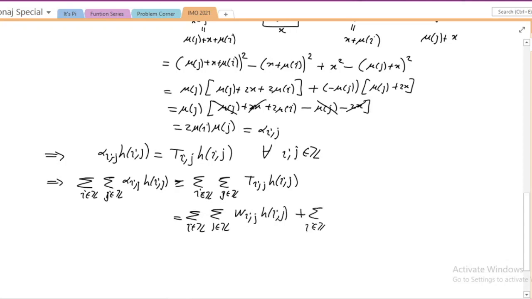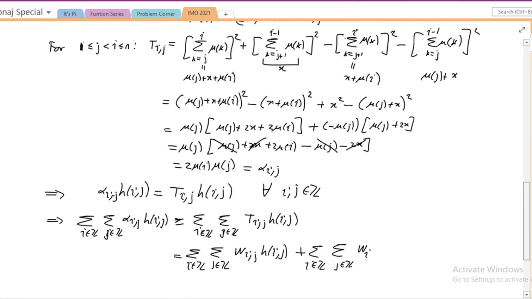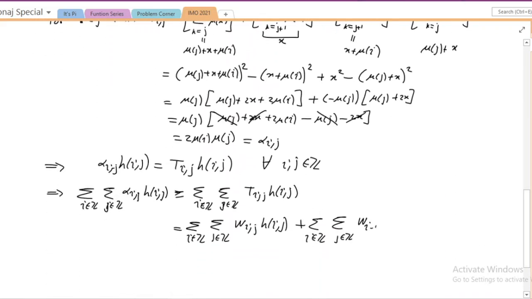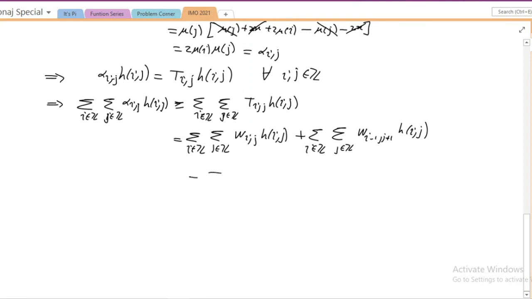w_{i-1,j+1} h_ij, and minus the sum over i, j in Z of w_{i,j+1} h_ij. So to simplify this, this is the reason why we looked at the entire Z instead of just being very specific.